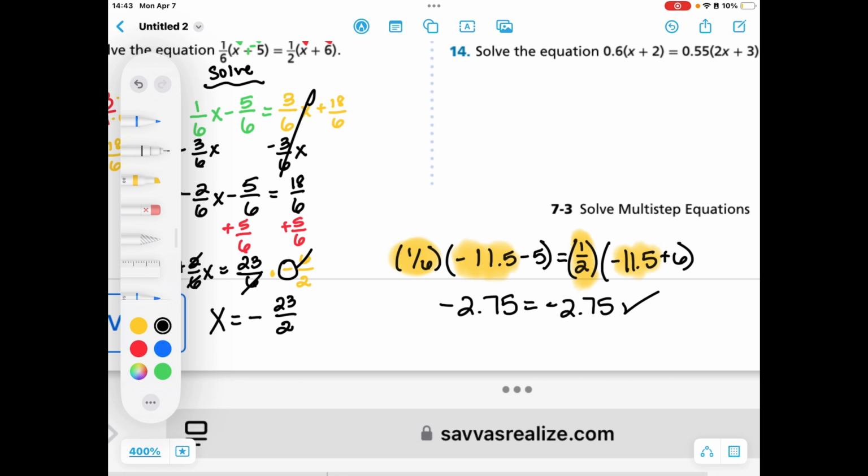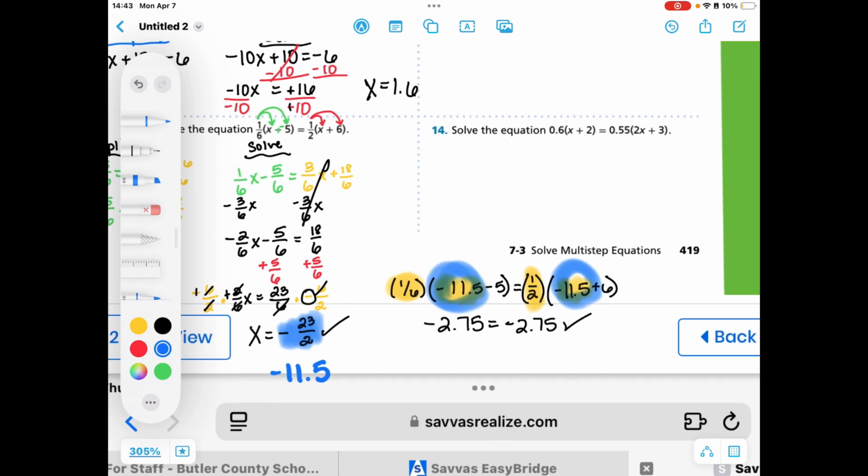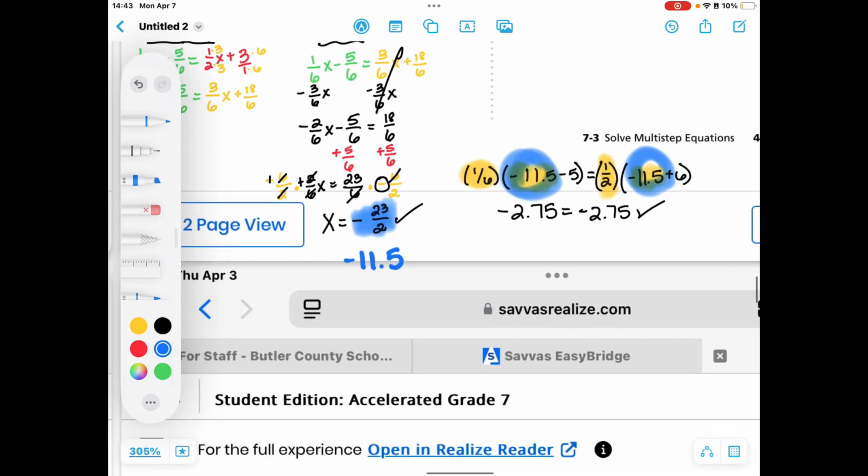So that's just another way to check to make sure you get the right answer, because that negative 23 over 2 did actually worry me a little bit, but all you have to do is plug it in and see if it works out in your favor. And if you need to know what that negative 23 over 2 is as a decimal, you can plug that in and it will give you negative 11.5. I just did it in my head, but if you need to check it, go ahead and plug it in your calculator.